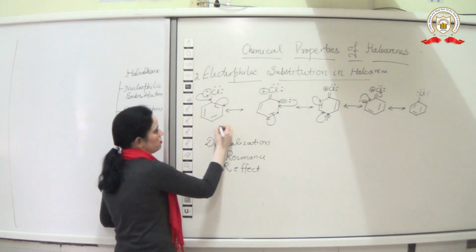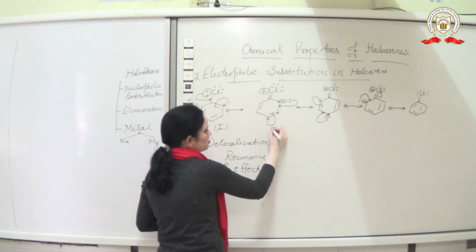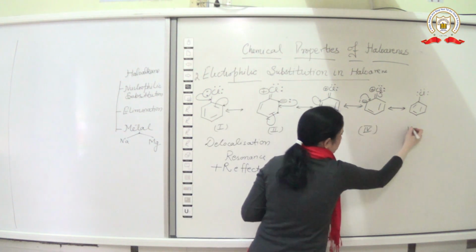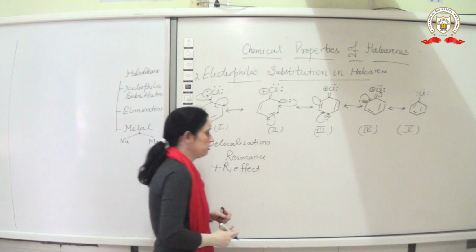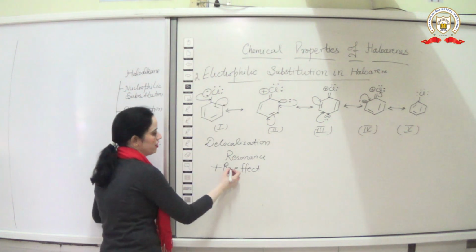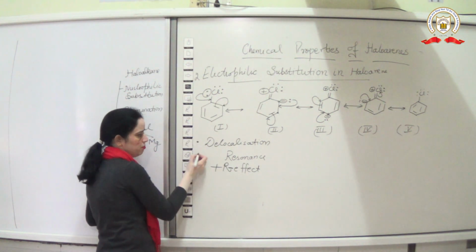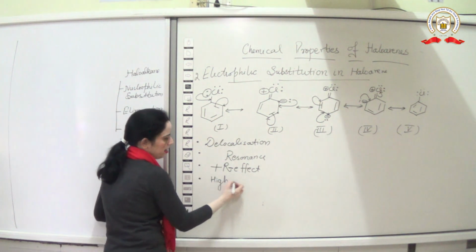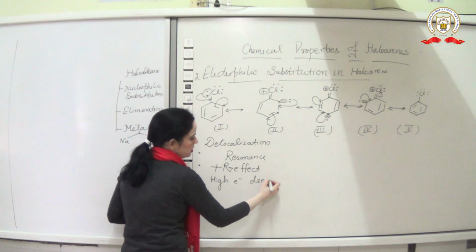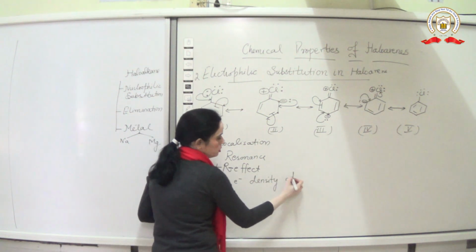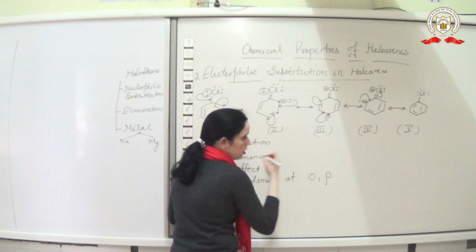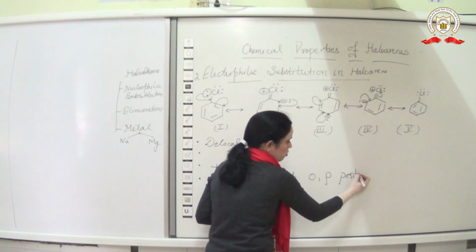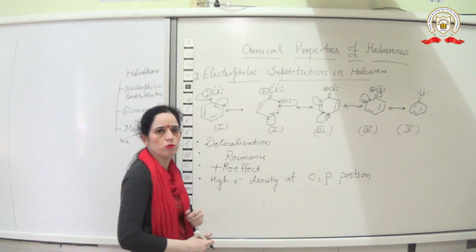Now here we have got the 5 structures. Rotation of bonds has taken place, and the main thing that we find out over here is high electron density at which position? Ortho and para positions. High electron density, rich in electrons, these are the ortho and para positions.